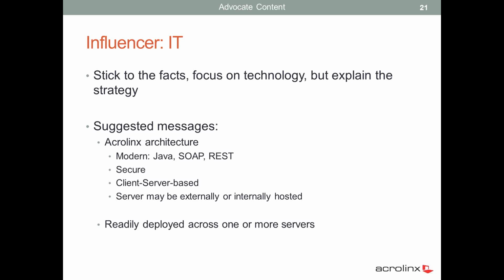Talk about the technology, of course, but also explain the strategy. What are you trying to do for the company? And some messages, you might talk about the architecture of Acrolinx, for example, and these are some bullet points to consider using when you're talking to IT people.